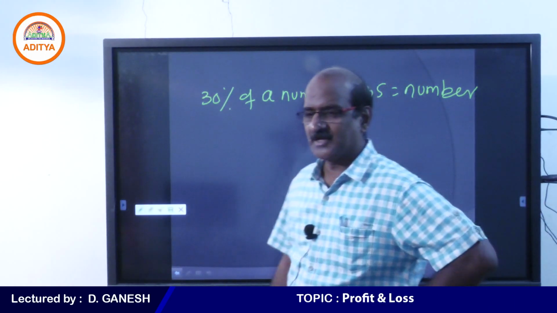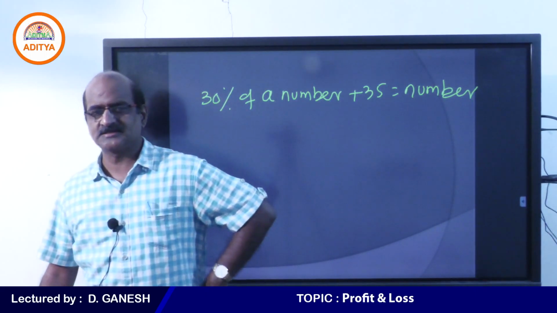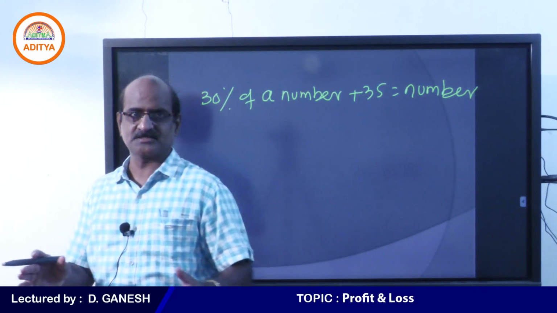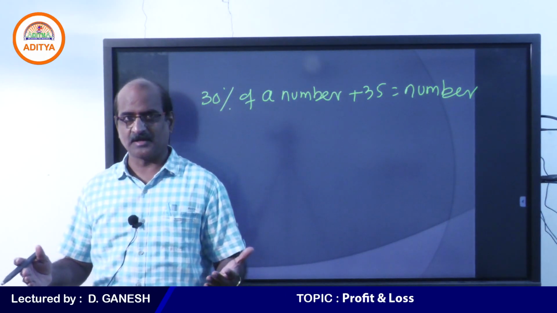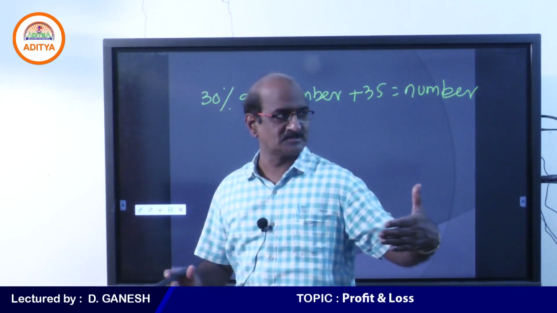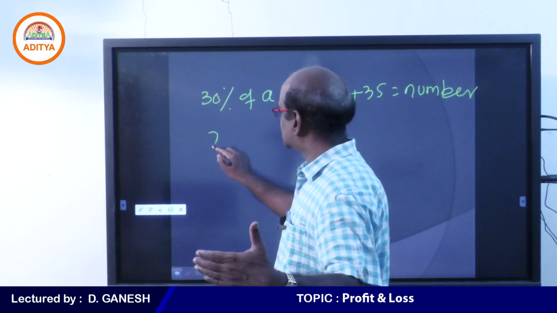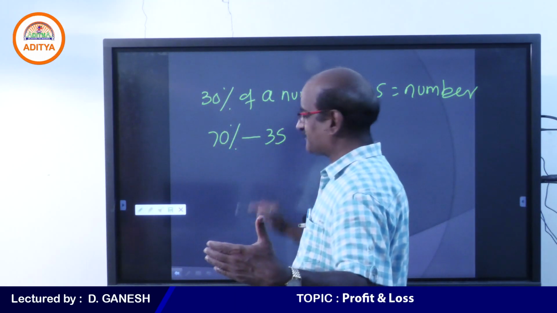Actually the number is usually 100%, but what is done is you took only 30% of the number, so 70% is remaining. In place of that 70%, you took 35.